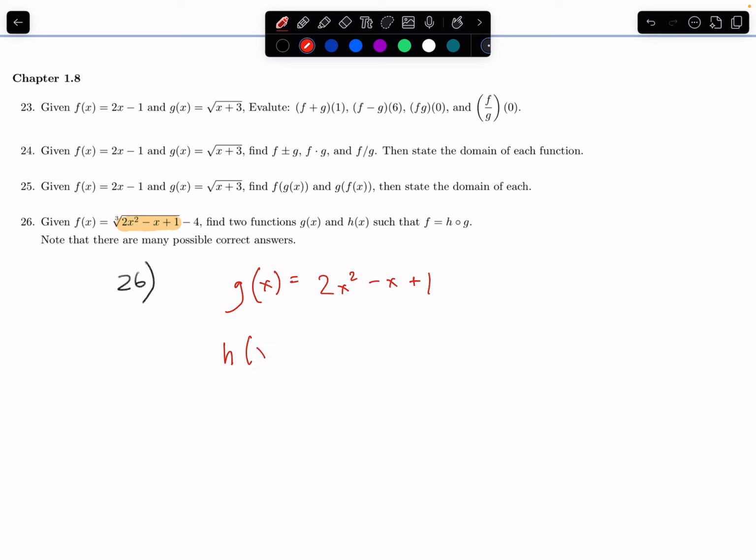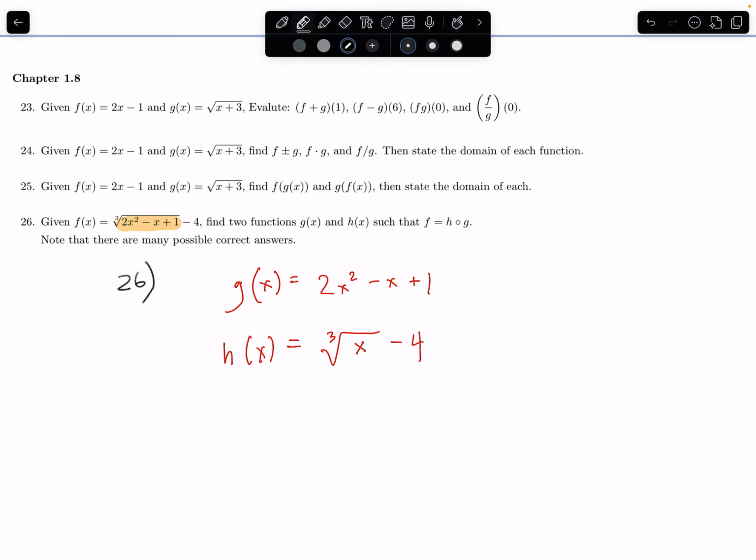H of x is equal to everything else, but anytime you see that, just replace it with x. So it's going to be the cube root of x and then minus 4. Those are my two functions.